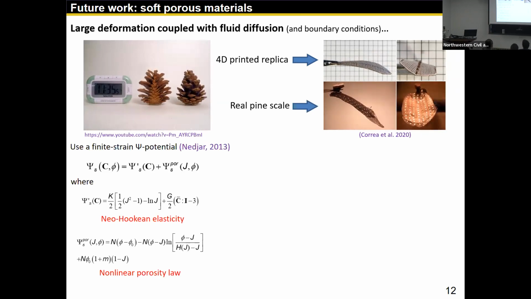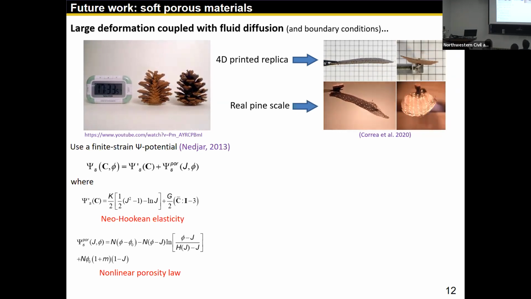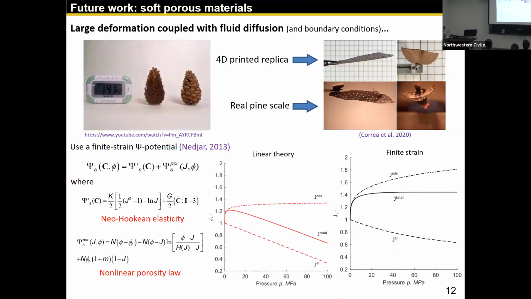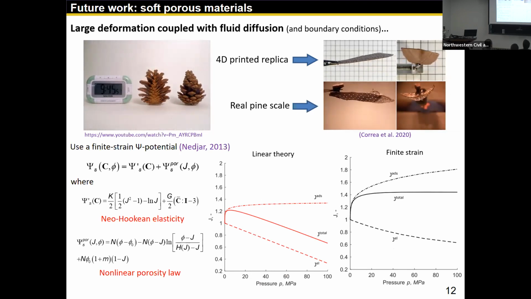So to model this process, we need to have a finite strain model. We choose the Nedjar model, where the first term captures a neo-Hookean elasticity, and the second term gives you a nonlinear porosity law, and then let's run the same test. You can see I focus on the elastic compaction component. The linear theory will give you a monotonically linear decreasing trend.